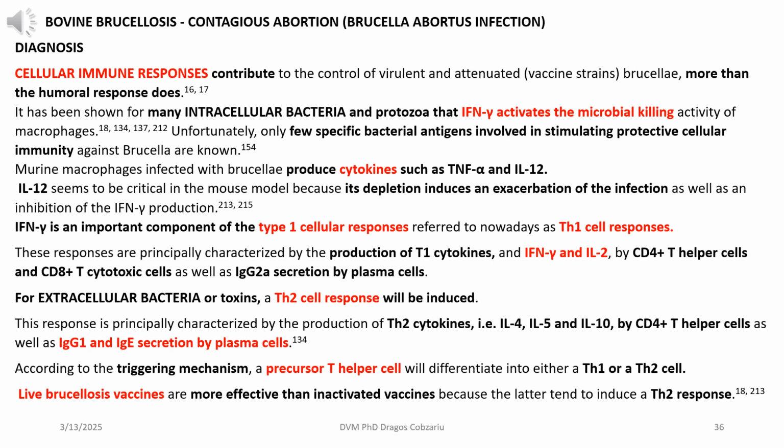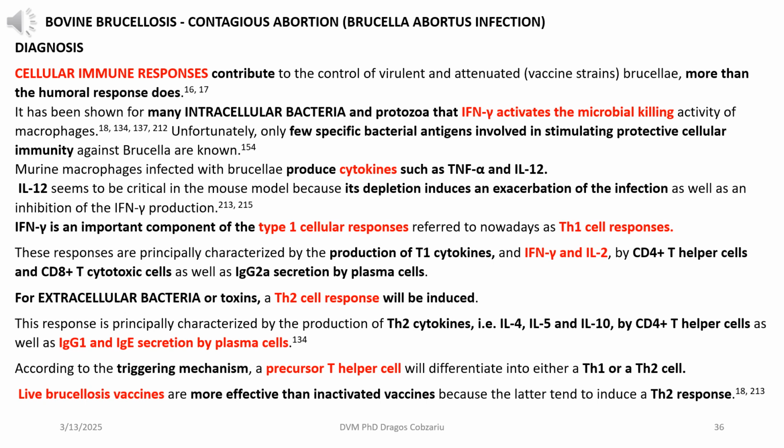It has been shown for many intracellular bacteria and protozoa that IFN gamma activates the microbial killing activity of macrophages. Unfortunately, only a few specific bacterial antigens involved in stimulating protective cellular immunity against Brucella are known. Murine macrophages infected with Brucella produce cytokines such as TNF-alpha and IL-12.